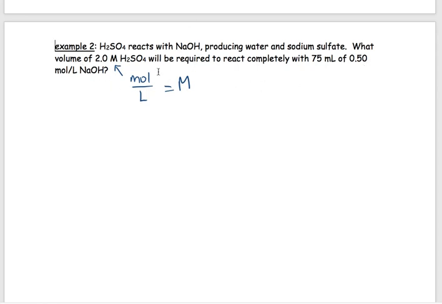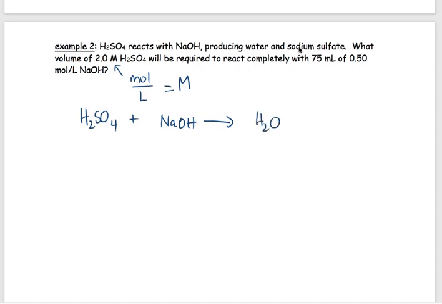Okay, all right, so let's start off with writing the balanced chemical equation here. So we have sulfuric acid, okay, reacts with sodium hydroxide, okay, and it produces water and sodium sulfate.